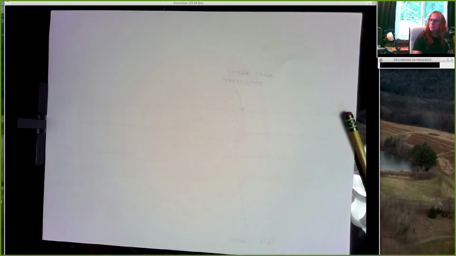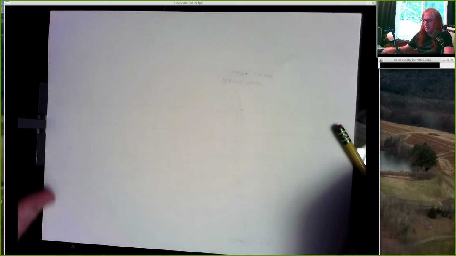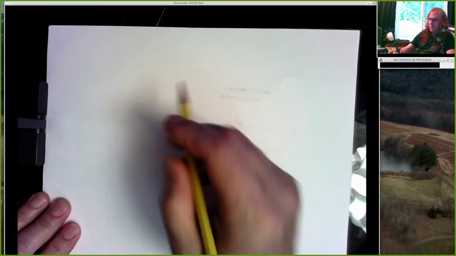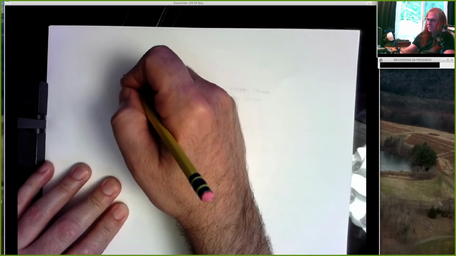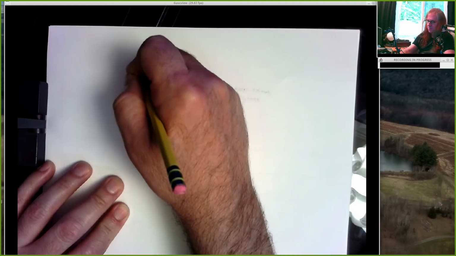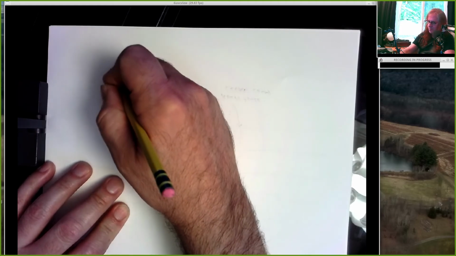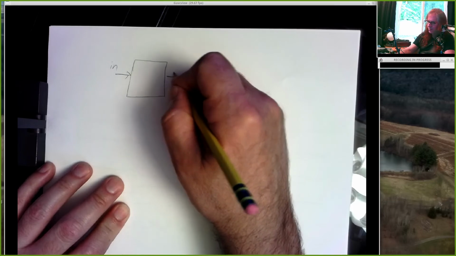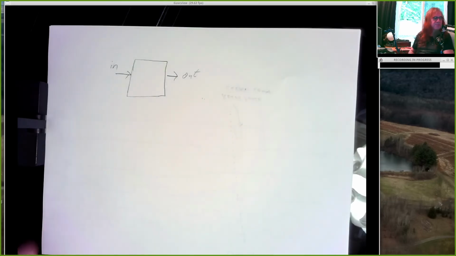And so this is Experiment 1. And the delay circuit is built using the 555 and using a set of JK flip-flops. And let me show you the intended behavior of this. So here's a system diagram. There's an input, and there's an output.